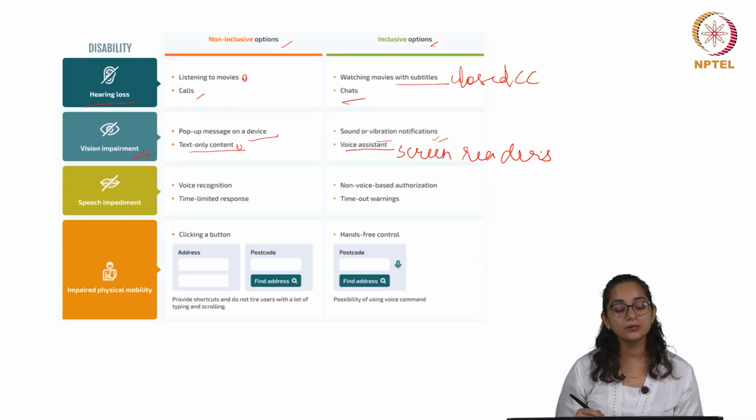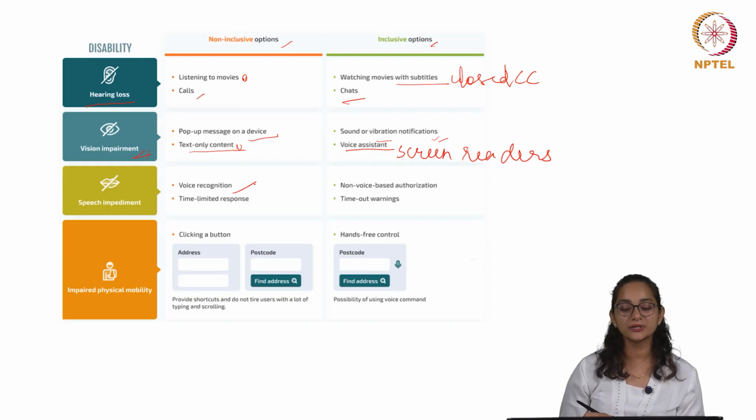In particular cases of speech impediment, for example, voice recognition may be an issue. Limited time response may also be an issue if there are cases of stammering or taking a little bit of time to respond. If there are clogged response times on your application, where you have to speak in a certain time, as you might have noticed in the case of IVRS, it quickly starts saying go back to the main menu because no input was received.